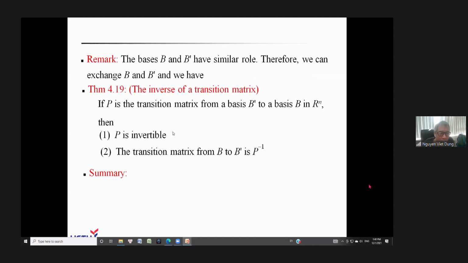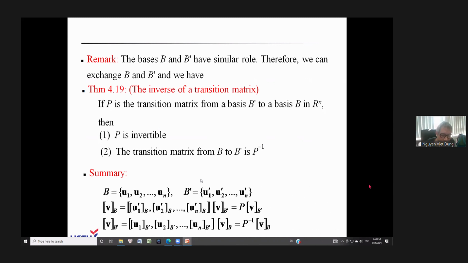So we can summarize everything we study from the beginning in the following. Suppose that B consists of n vectors U1 to Un. B prime consists of U1 prime up to Un prime. And V sub B is the coordinate column of V relative to B, and V sub B prime is the coordinate column of V relative to the basis B prime.